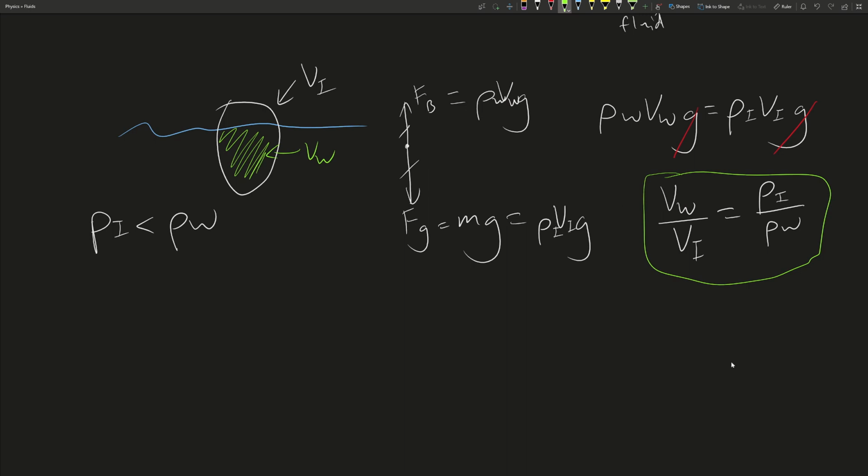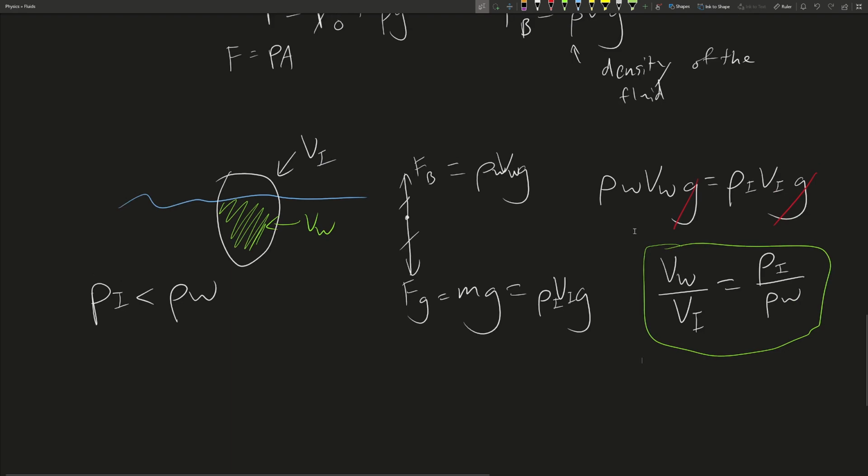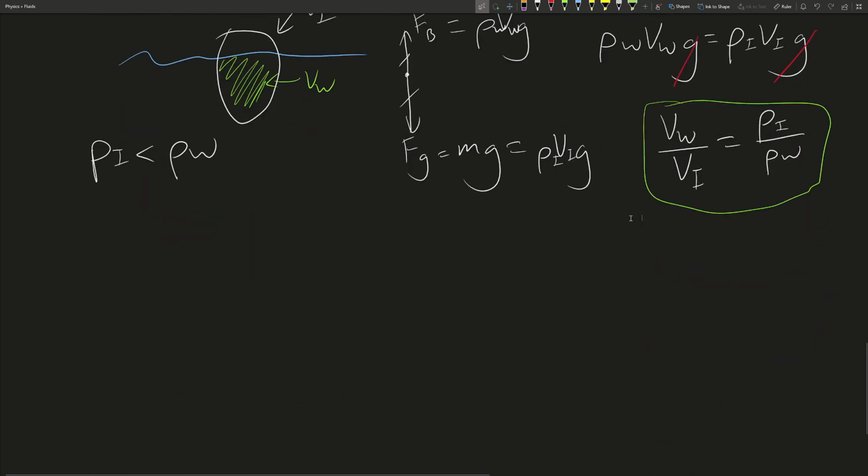But as long as the density of an object is less than the density of the fluid that you put the object in, only part of its volume is needed to provide the buoyant force to lift the object, which means that part of the object will not be inside of the water or the fluid that it's placed in. So if you had something that was half as dense as the fluid it's placed in, then only half of the object would be submerged.